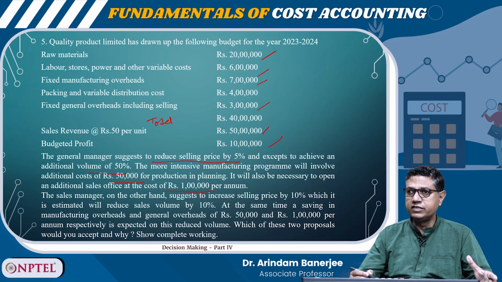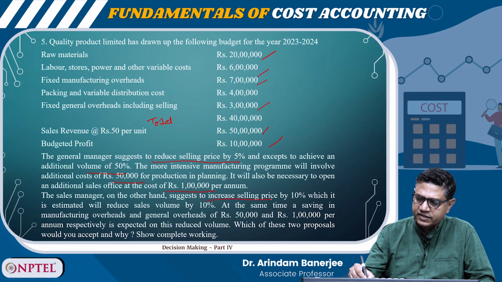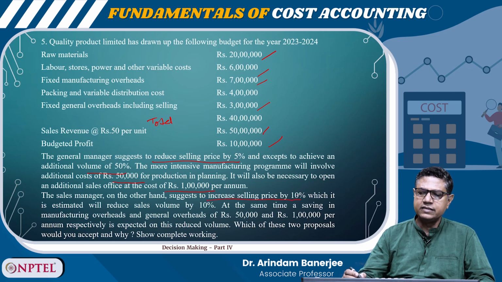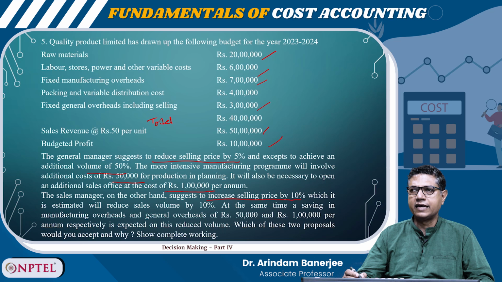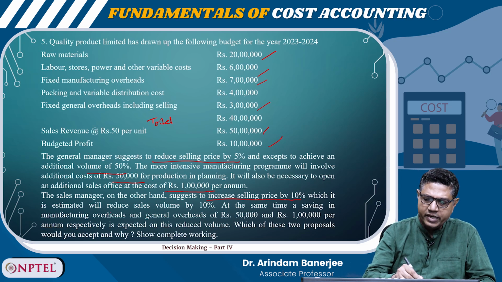The second proposal is increasing the selling price by 10%, and it will reduce the sales volume by 10%.